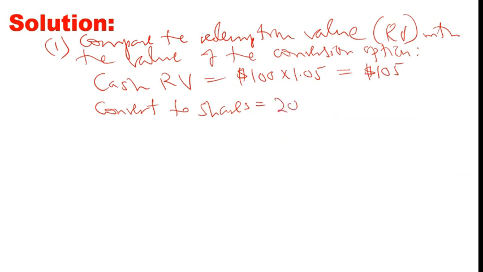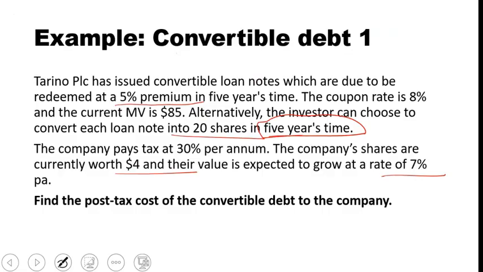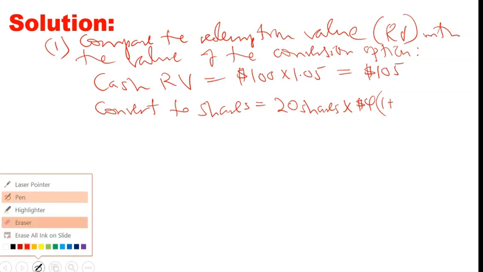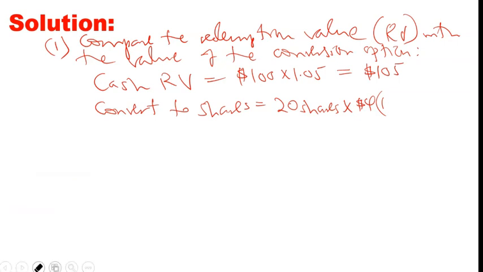So that's 20 shares multiplied by the share price, which is $4, growing at 7%, so 1 plus g, that is 1.07, to the power of 5 years.